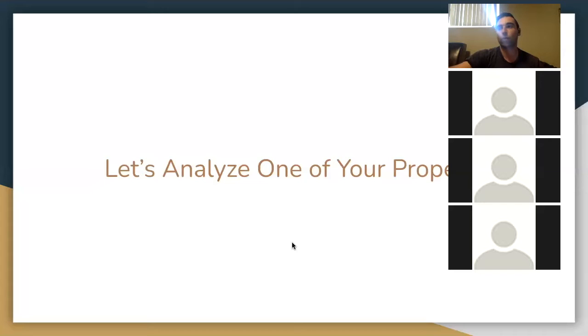You need some kind of relative placeholder numbers, and just understand that those are just placeholder numbers. They can wildly change your actual investment. If you're going to make an offer, I highly recommend you get the actual utility expenses, whether you call the utility company or you ask the seller directly for their numbers. Don't take an Excel sheet, take their actual utility statements. If they're selling the property, they more than likely already have all that put together. Does that answer that?